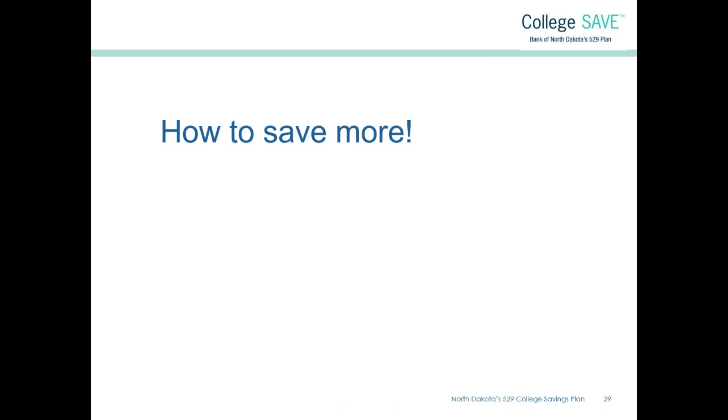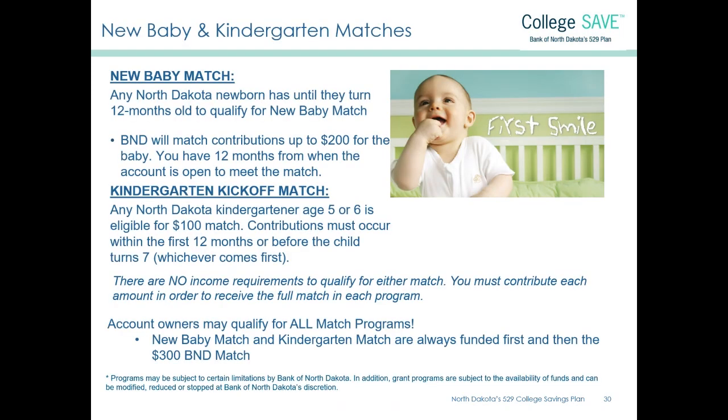Okay, now we're going to get to this super exciting stuff that the Bank of North Dakota is very proud to be able to offer all families associated with the state of North Dakota, quite frankly. In 2011, we launched what was called Children First then, and now it's called the New Baby Match.